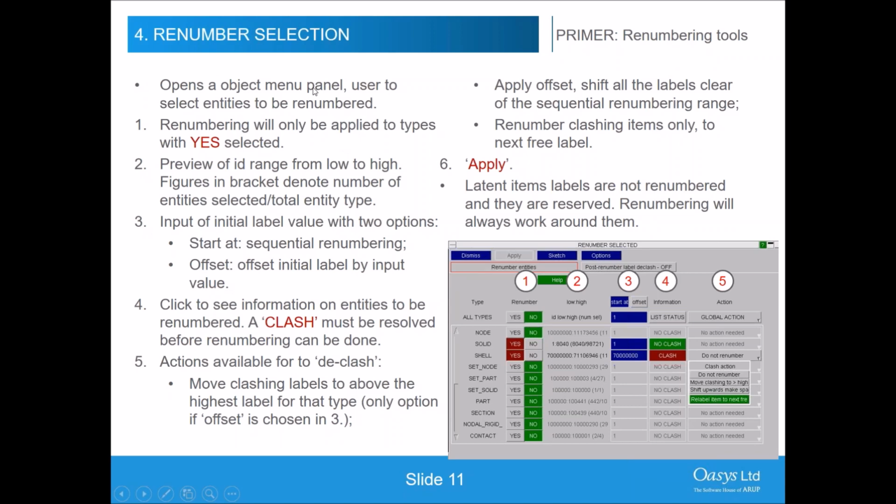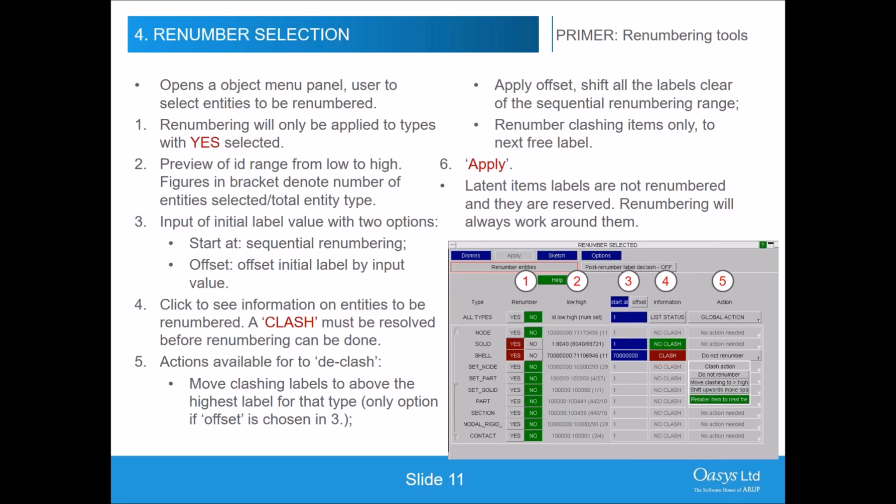Renumber selection. This gives you more control of what you want to renumber. The previous renumber menu chooses everything in the model, whereas this opens up a pick object menu, and you can choose based on what you've got on the screen, or you can drag a box around it.